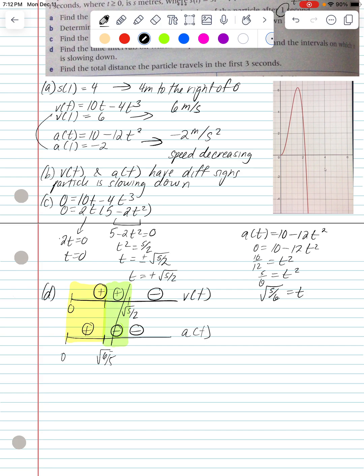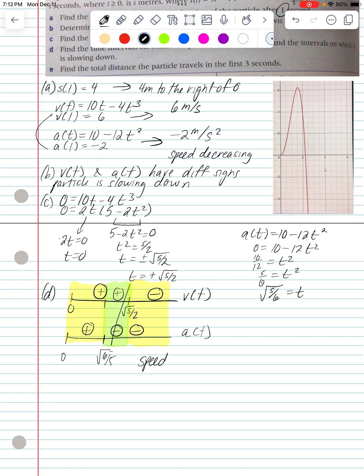So those have different signs. So that would be an indicator that it is slowing down. But here we have both values as negative, so that's an indicator that it is speeding up. So it doesn't matter if it's both positive or negative, those are speeding up regions.